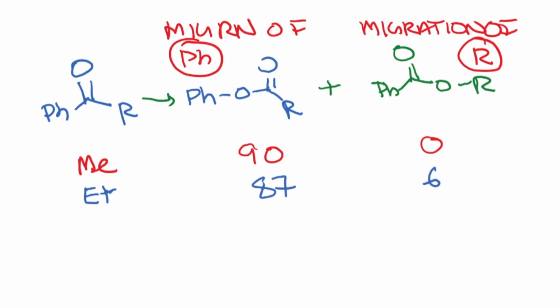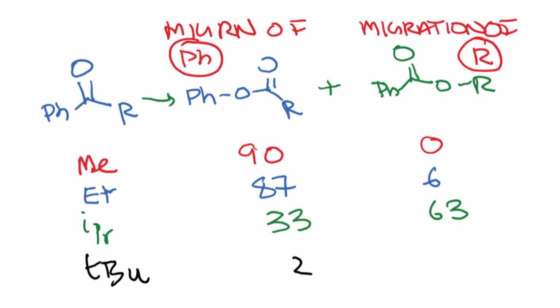And then we move to isopropyl. Here the ratio changes and you get migration of R becoming more dominant. And the last case is tertiary butyl, where you get only 2% of this product and 77% of the migration of R.